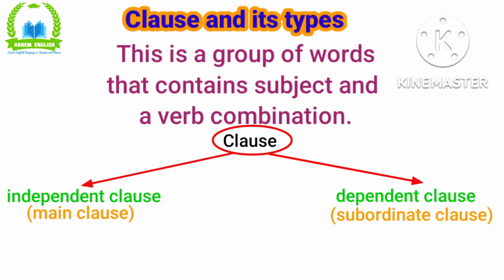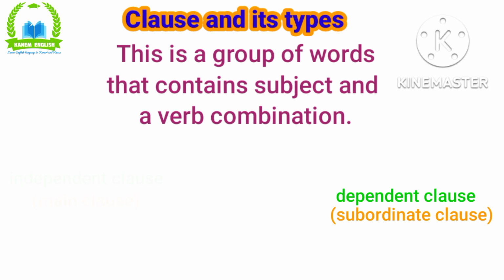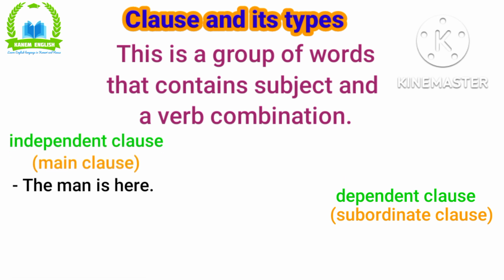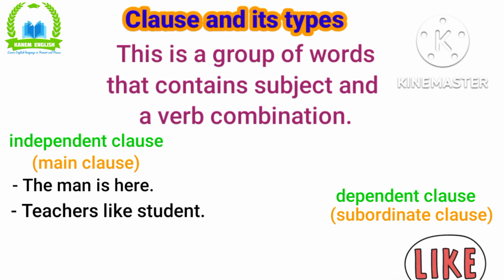Let us have these examples under the independent clause, and why do we say it is an independent or main clause? "The man is here." This is a clause because we have "the man" as the subject, and then we have "is" as the verb. Number two, "Teachers like students." So teachers is the subject, like is the verb.